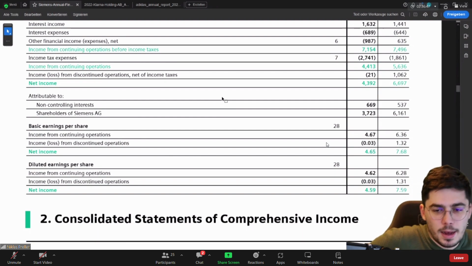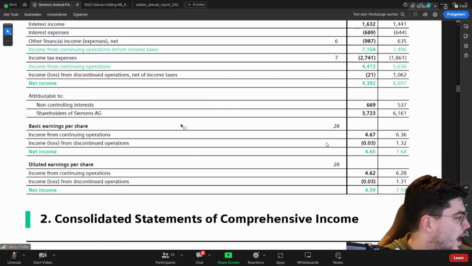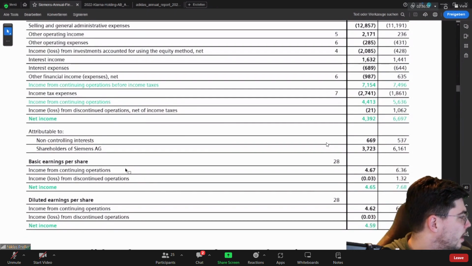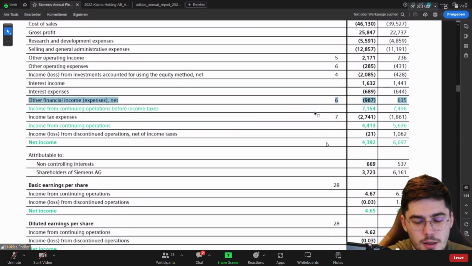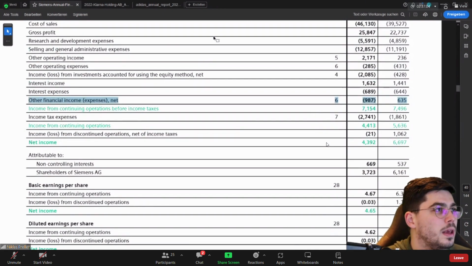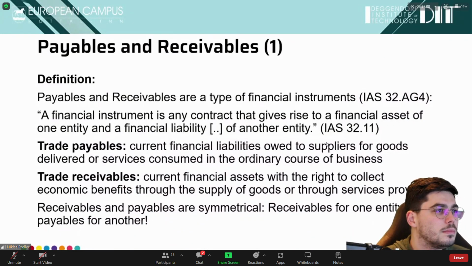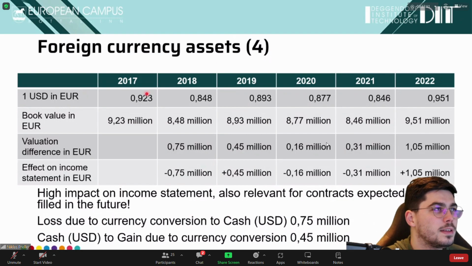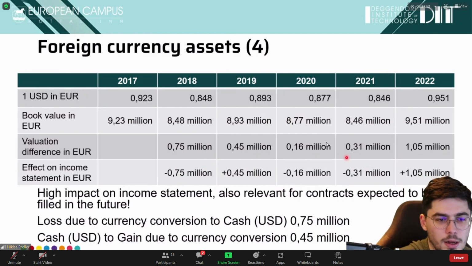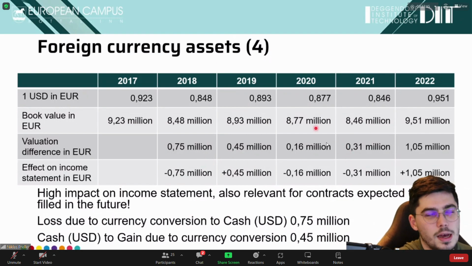So whenever we have, let's say, that would be in this category then, I think. Whenever we then have this case here with our financial asset.